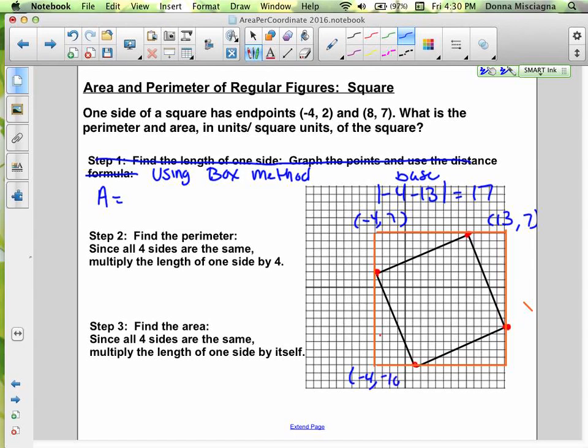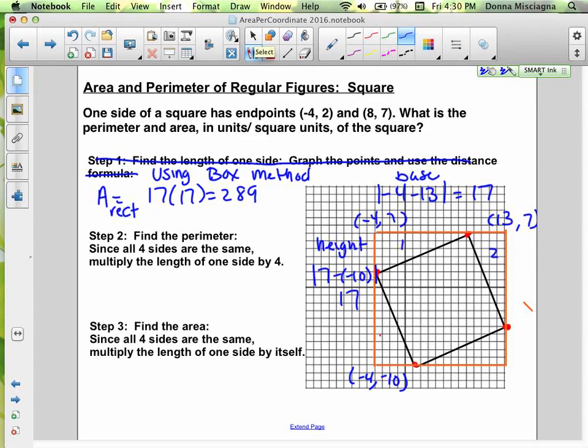Is that -10? Yes it is. So our height would be 7 minus a -10, which is, surprise, surprise, 17. You box in the square, you get another square. So the area of our rectangle is 17 times 17, or 289.